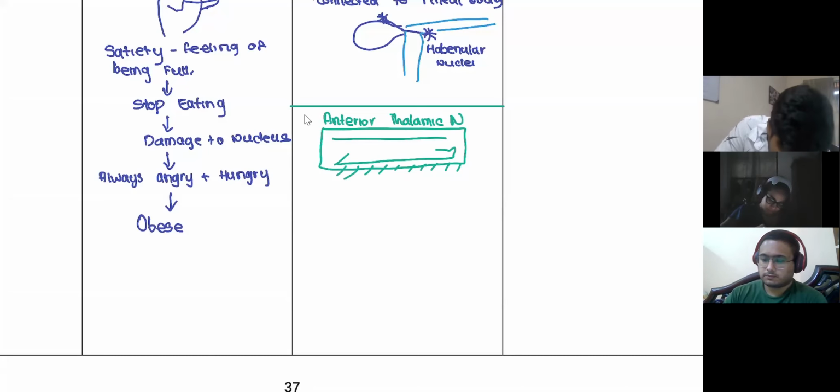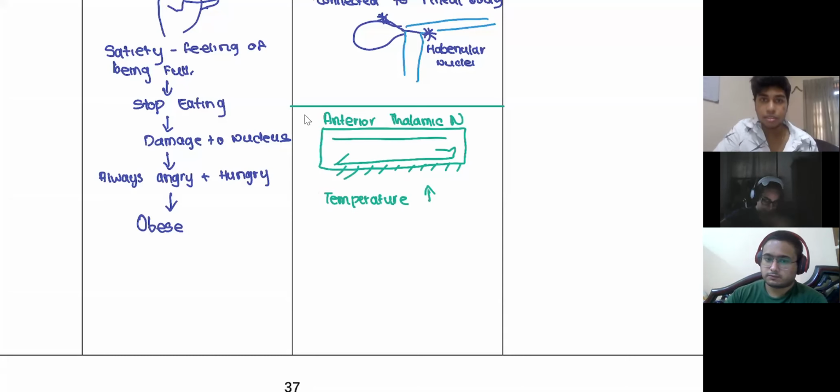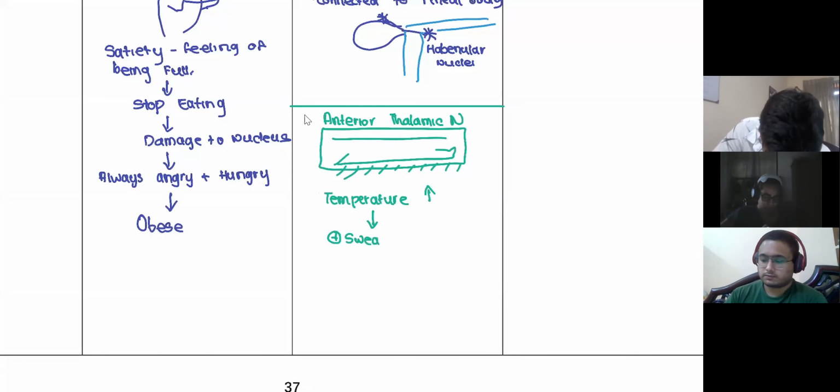This detects if the temperature goes up. If the temperature goes up, it detects it, and it causes activation of sweat glands and causes vasodilation.